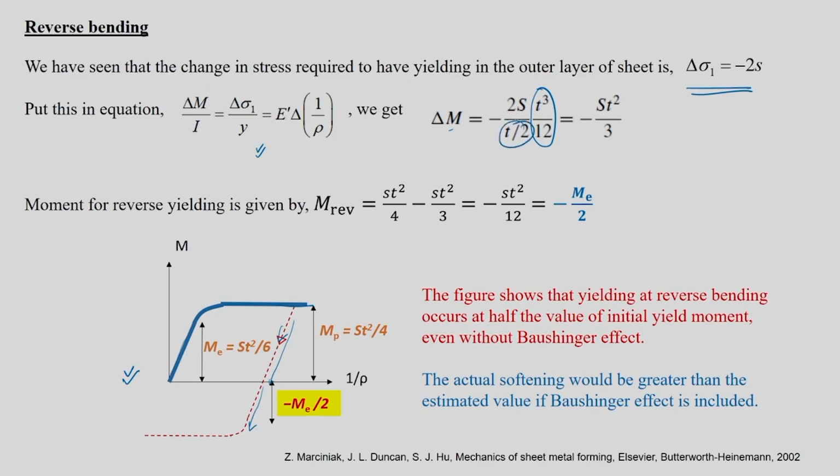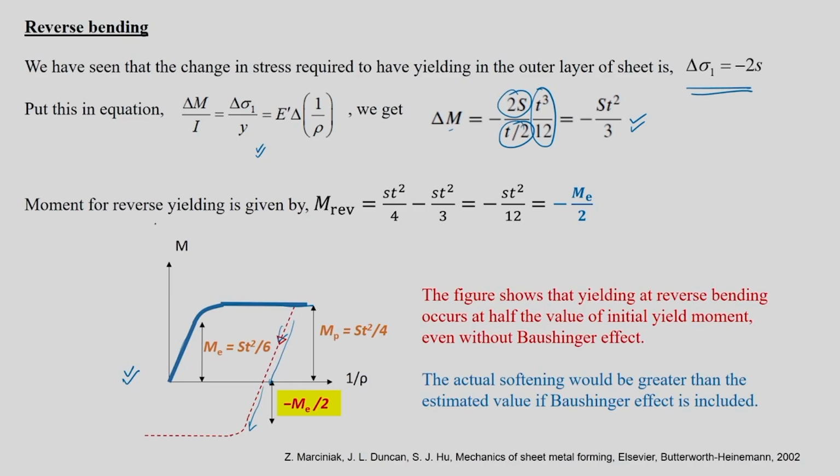Why? Because again the outermost layer will reach yielding when del sigma 1 is equal to minus 2S. I am substituting del sigma 1 equal to minus 2S here. If you do that, del M would be equal to minus S t square by 3. So, when you have del sigma 1 of minus 2S, then del M would be minus S t square by 3.